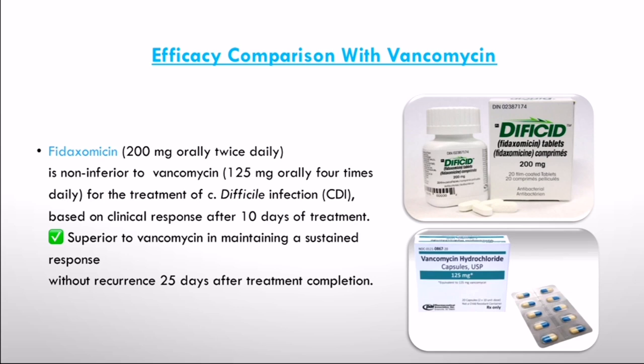Efficacy compared with vancomycin. Fidaxomicin 200 mg orally twice daily was non-inferior to vancomycin 125 mg orally four times daily for the treatment of C. difficile infection, based on clinical response after 10 days of treatment, and superior to vancomycin in maintaining a sustained response without recurrence 25 days after treatment completion.